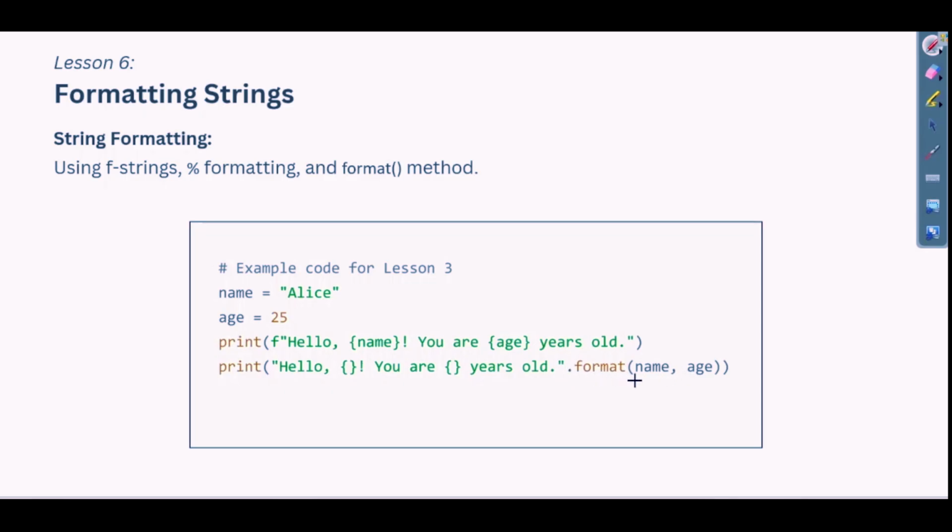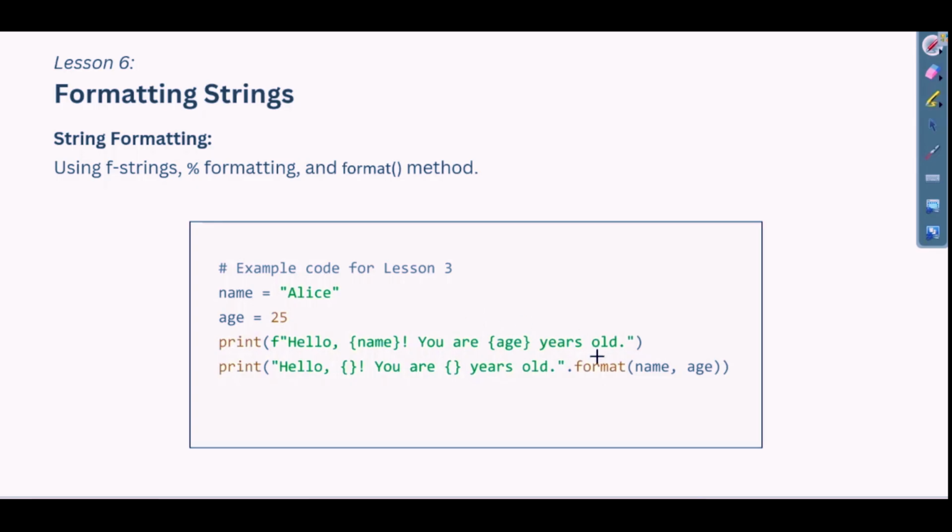In dot format we mention both variables. The first variable takes the place of the first curly bracket, and the second variable takes the place of the second curly bracket. This will also print the same thing: hello Alice, you are 25 years old.